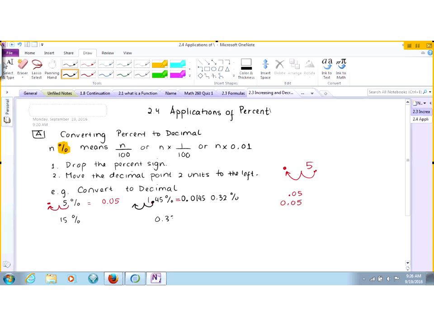Let me put the 0.32% down here, I'm just rewriting those. Now 0.32%, 1, 2, that's it. So what do you have? 0.0032. That's right.